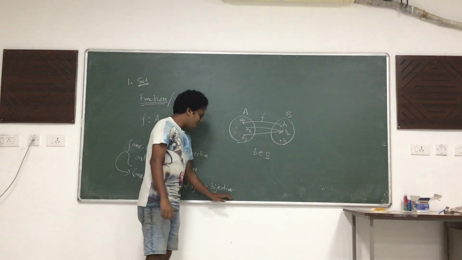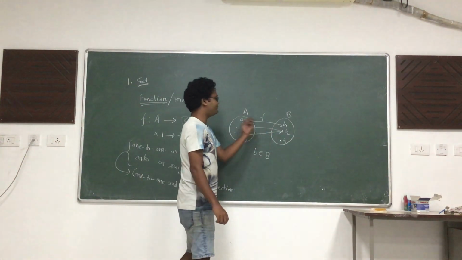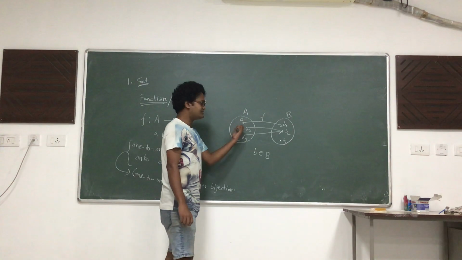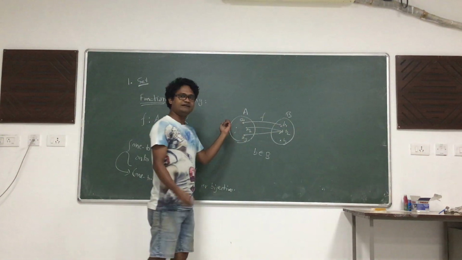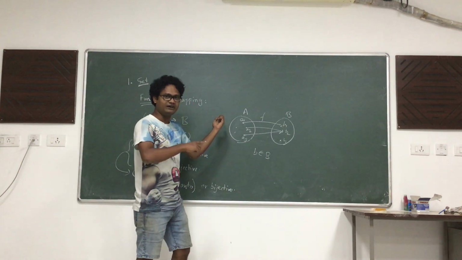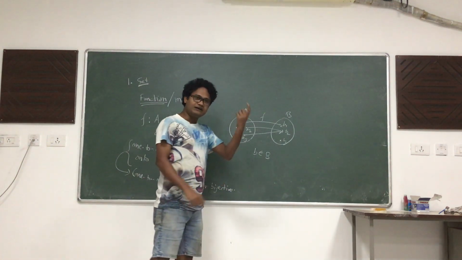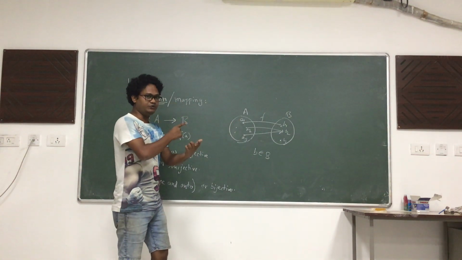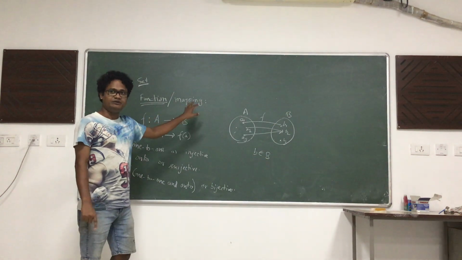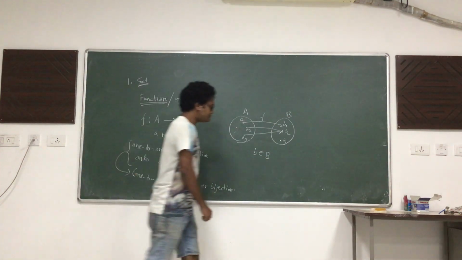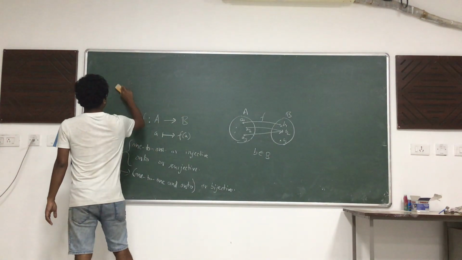And in a bijective mapping, we can define an inverse, taking the pre-image as the image, which is another function from B to A, because both conditions are satisfied for the rule of assignment for a function. Okay, so that's the function mapping.